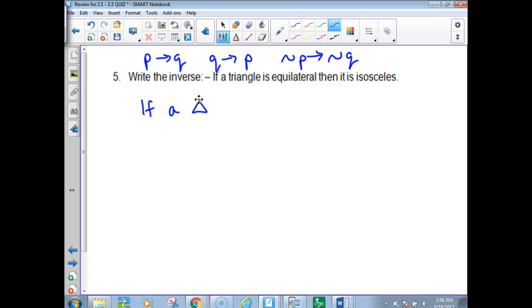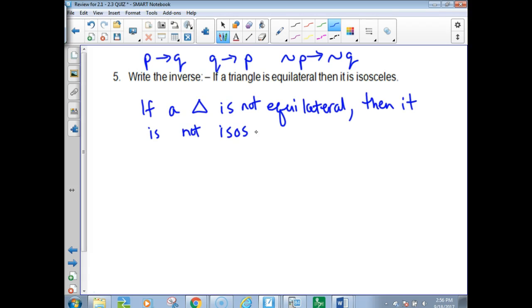Okay, perfect. If a triangle is not equilateral, then it is not isosceles. I-S-O-S-C-E-L-E-S.